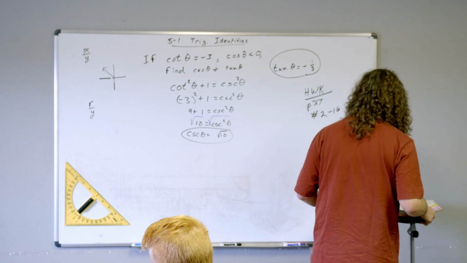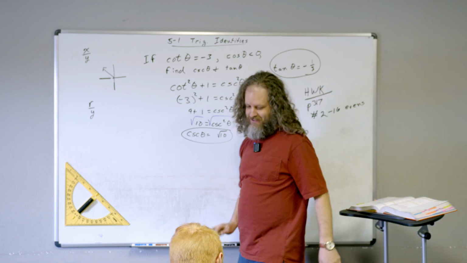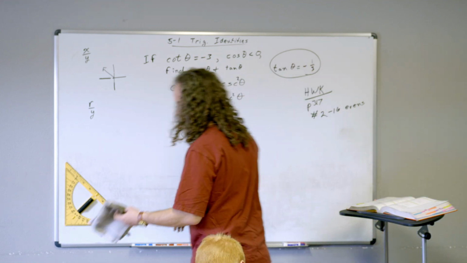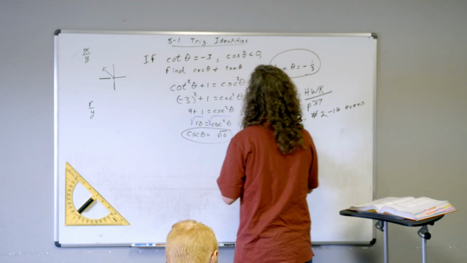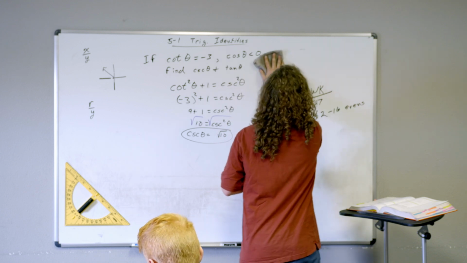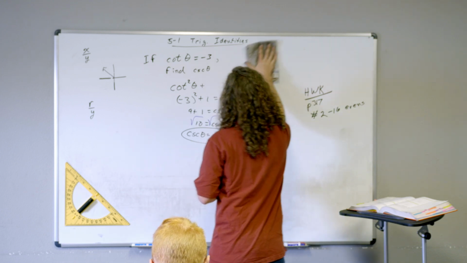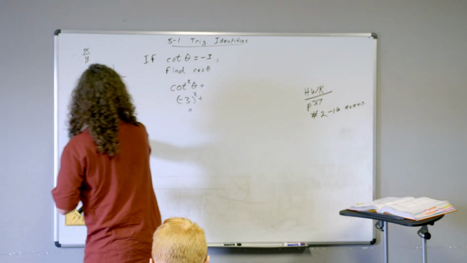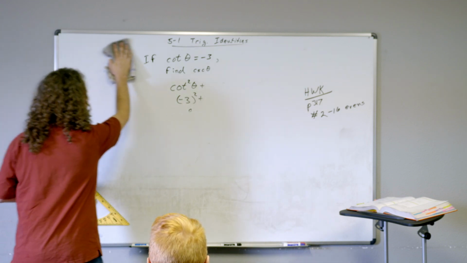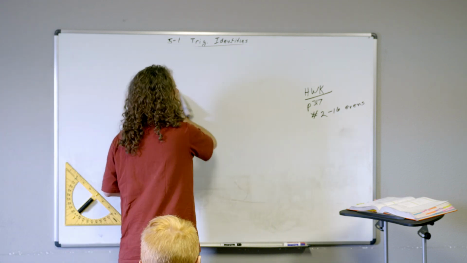We have more identities to talk about. We have some cool identities that I don't really like, and I only used them in one class in college, because these identities let us delete phase shifts.